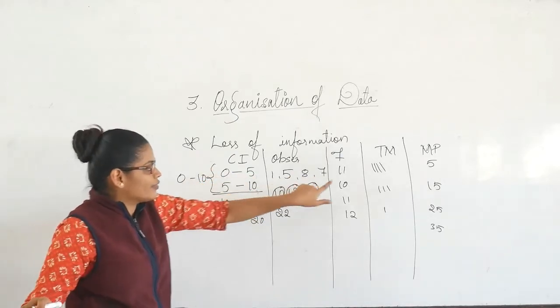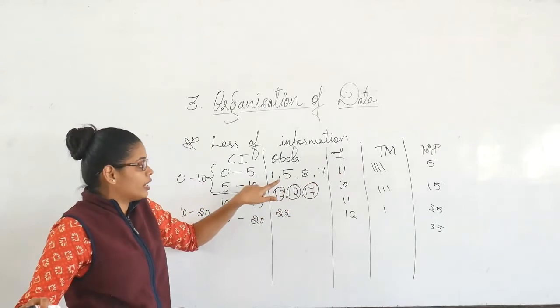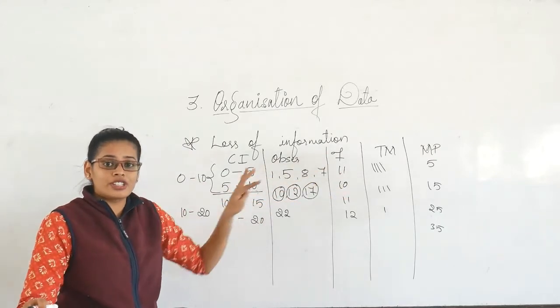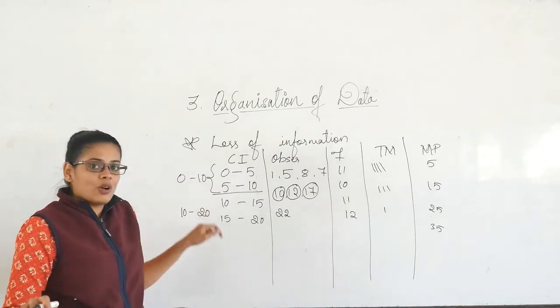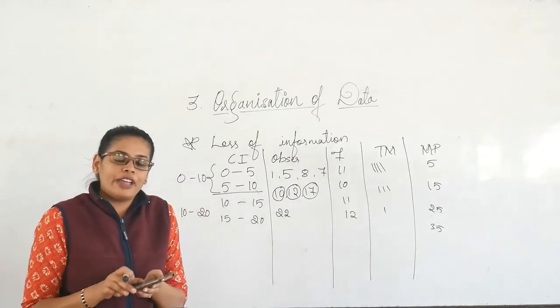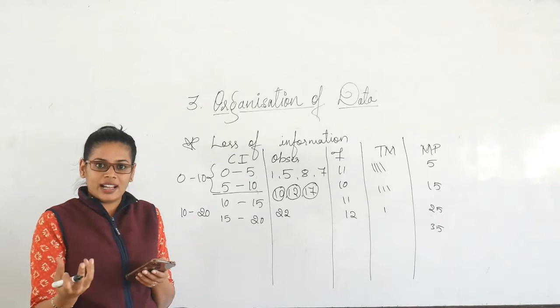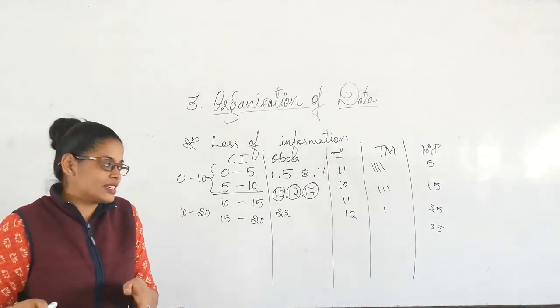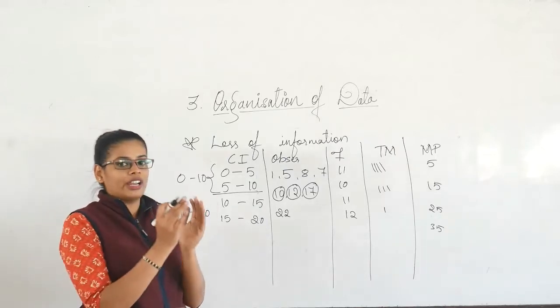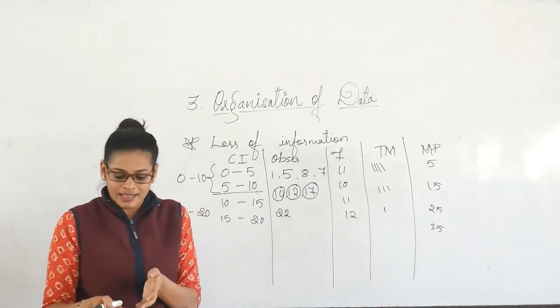In this range, we have 11 students, or 11 observations. This can also happen if we have very large data, and we can have unequal class intervals if so much data has accumulated in one class interval.